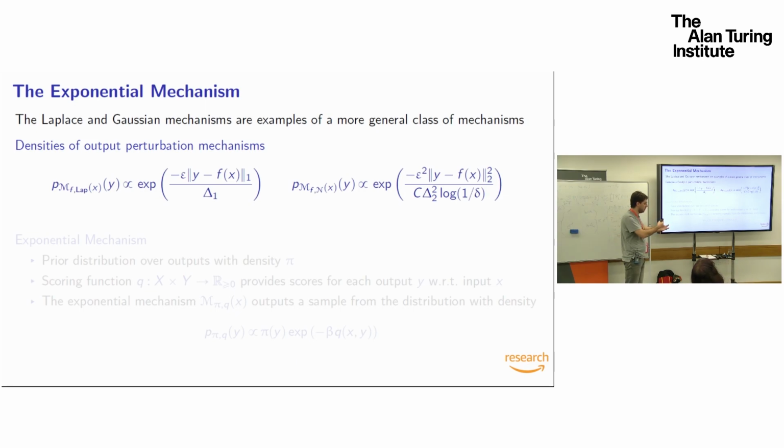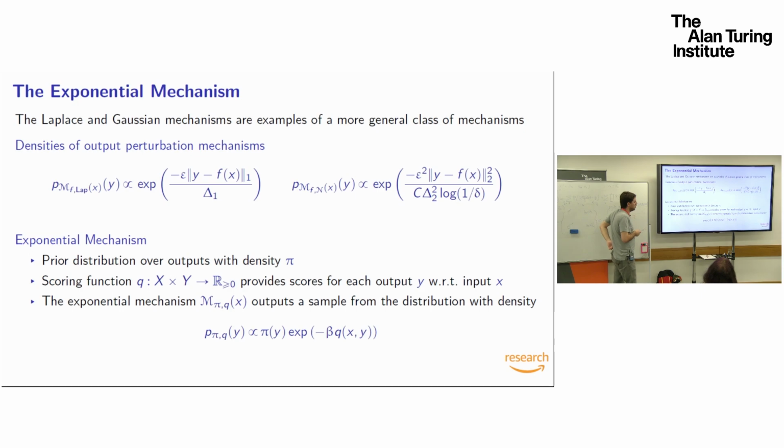They're going to prefer things that are close to the original. But also there are epsilon and sensitivities that, if you know the Gibbs analogy, are like temperatures, and they tell you how likely you are to move away from what you're trying to output depending on the privacy that you require. So these are two examples of what we call the exponential mechanism.